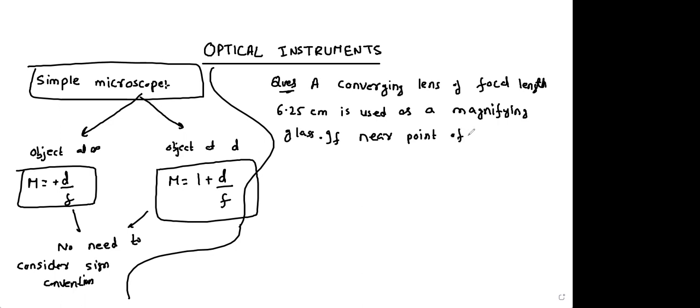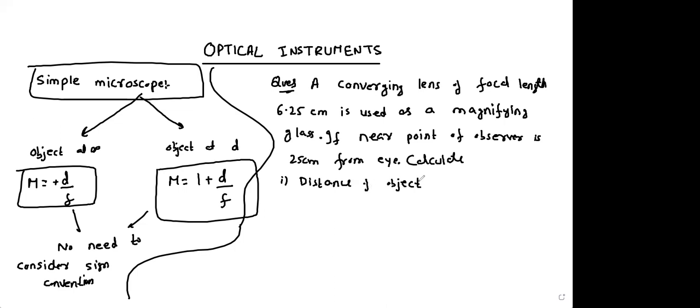If near point of observer is 25 centimeter from eye, calculate first part: distance of object from lens.